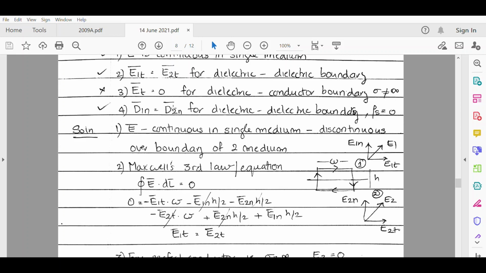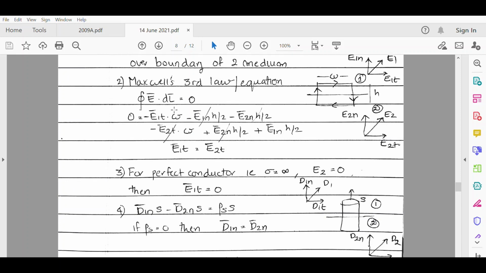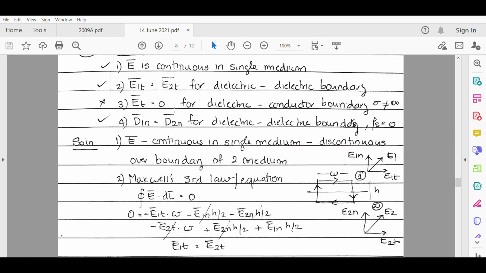Now the fourth statement is about the normal component of electric flux density over a dielectric boundary for a charge-free region. Rho s equal to 0 represents a charge-free dielectric boundary.